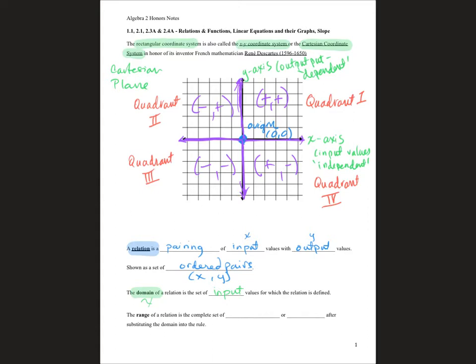Range values of the relation are the output values or the results after performing some rule, substituting the domain into some rule, and they are known as your Y values. So your ordered pairs are X and Y, the X values are your domain, the Y are your range.